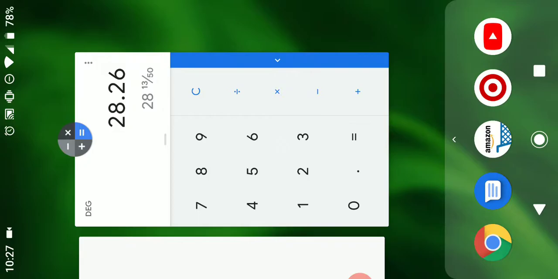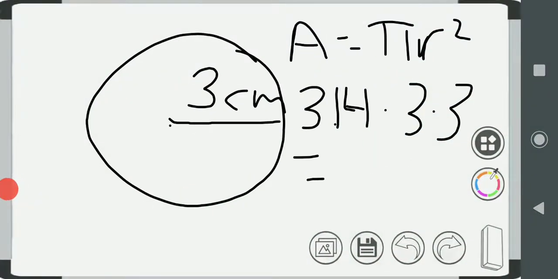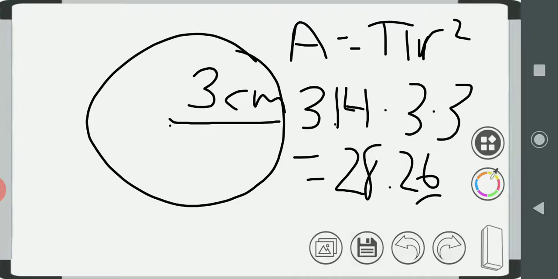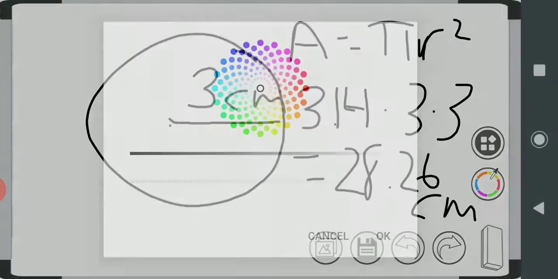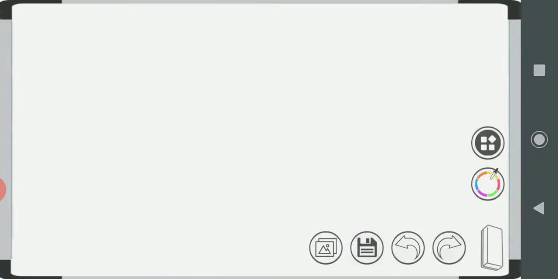So we're going to go with 28.26. It is area, so it will be centimeters squared.